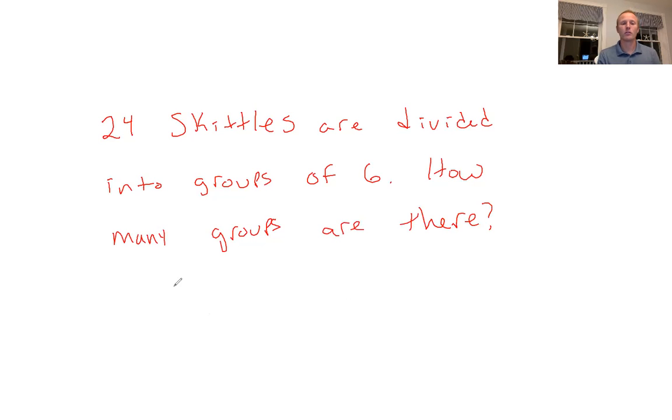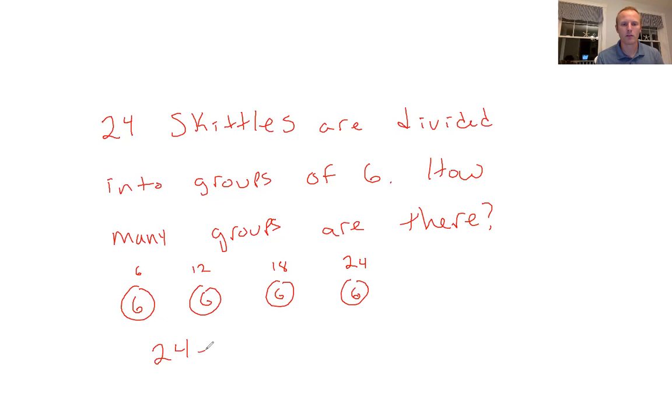So the first thing you could do is you could use that count by strategy, and you could say, oh, I had 6 plus 6 is 12, plus 6 more is 18, plus 6 more is 24. So now I've seen that 24 divided into groups of 6 equals 4 groups.